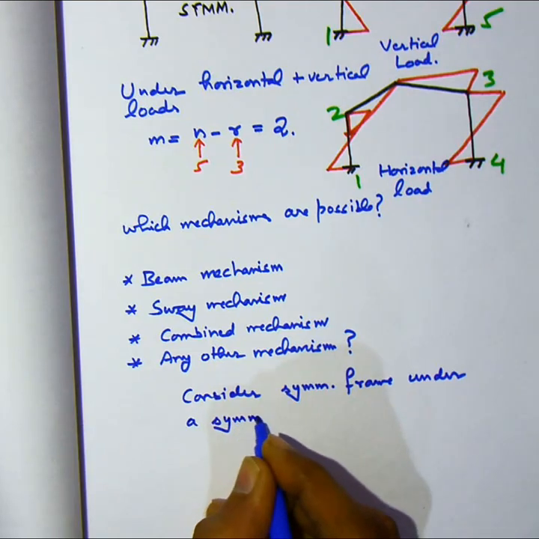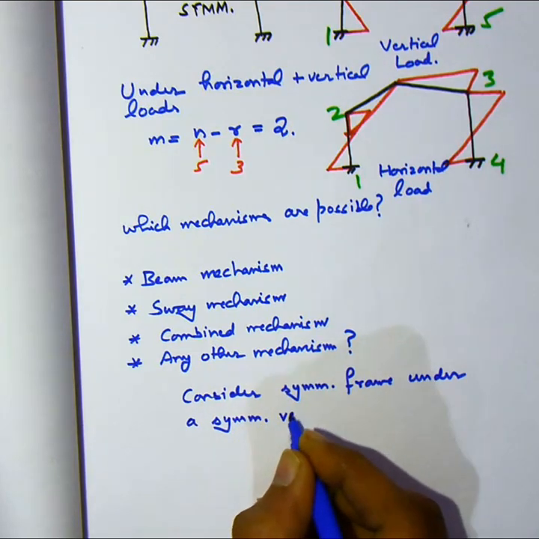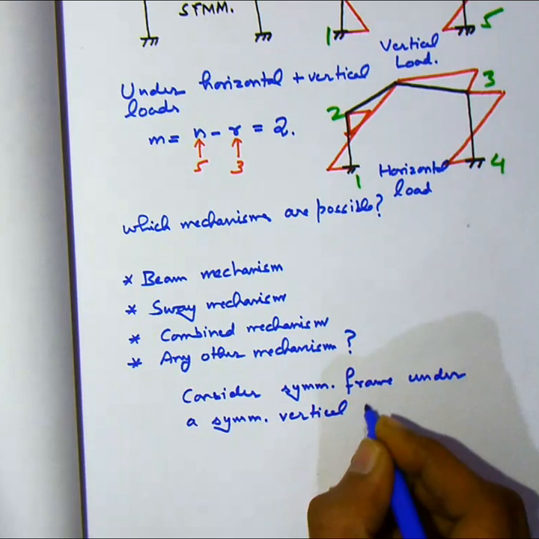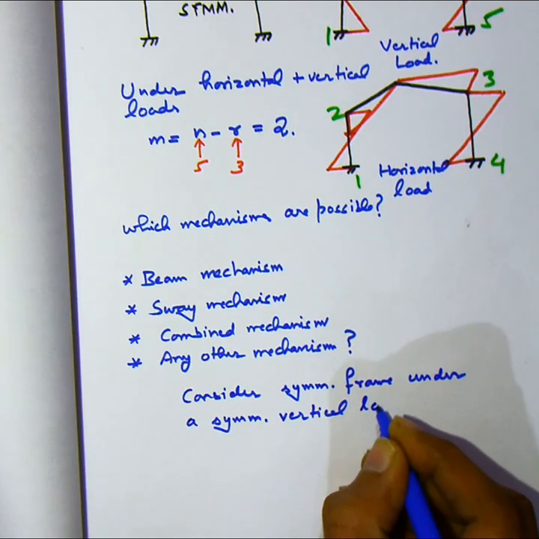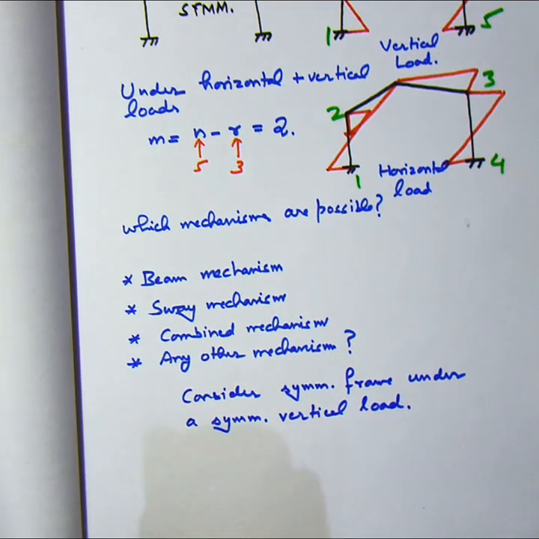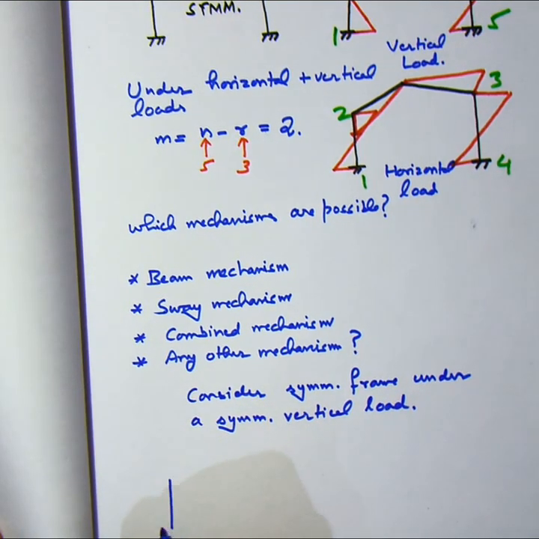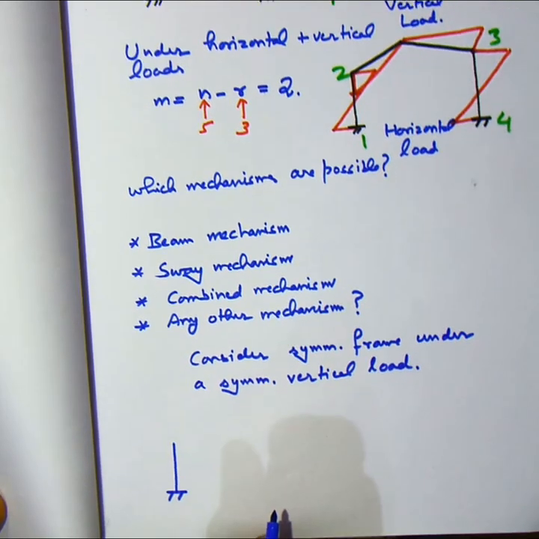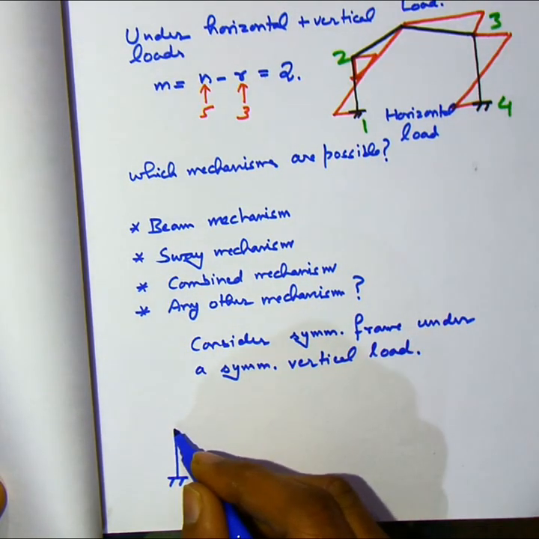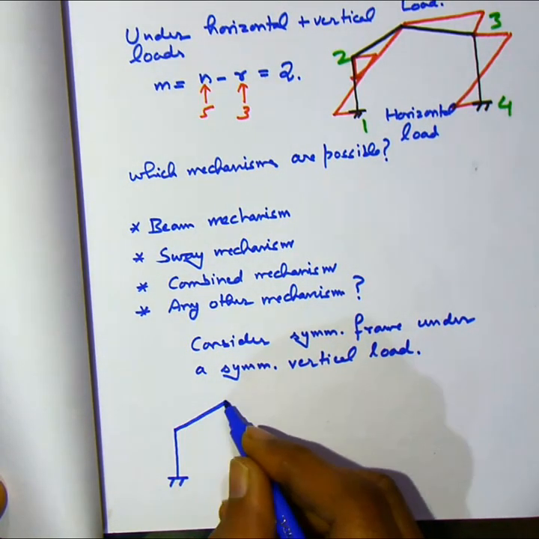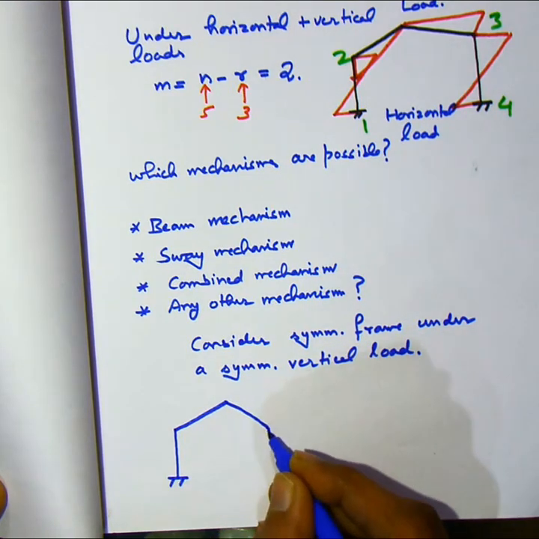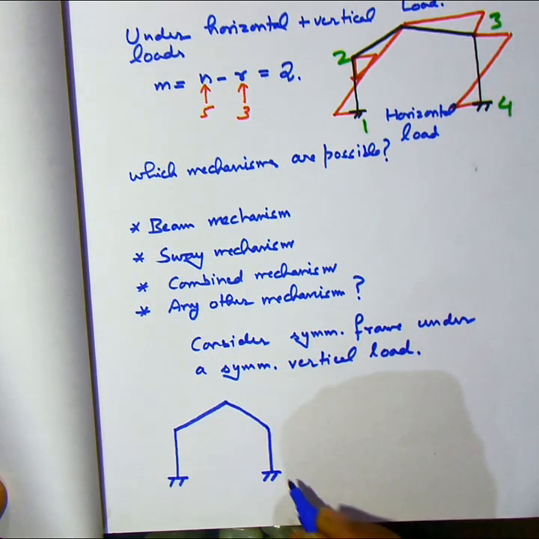So let's consider now a symmetrical frame under just vertical loading, and later on we will also explore what happens if it's under the combined action of the horizontal and the vertical loads.